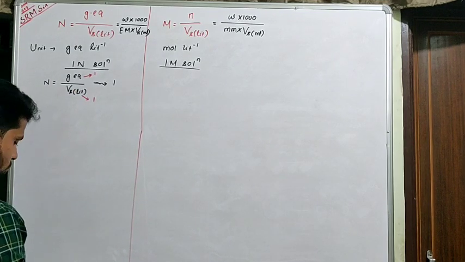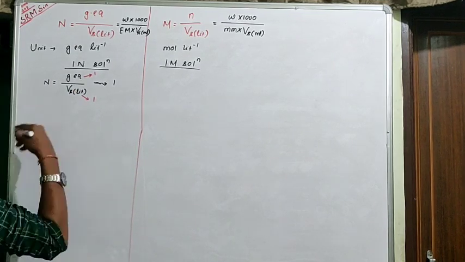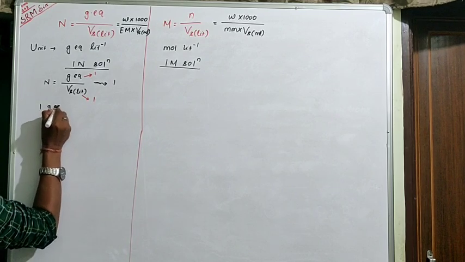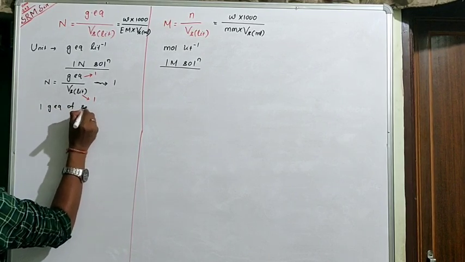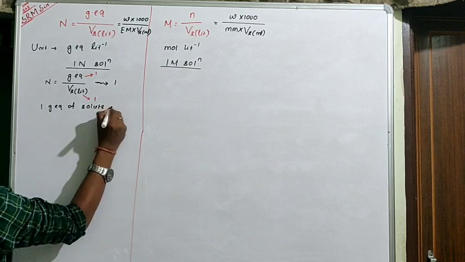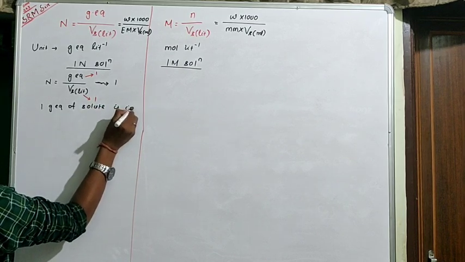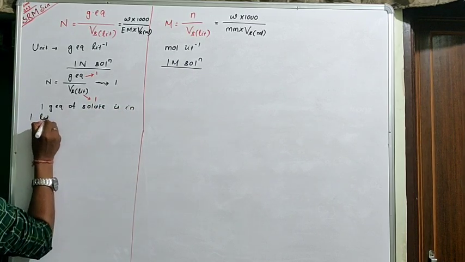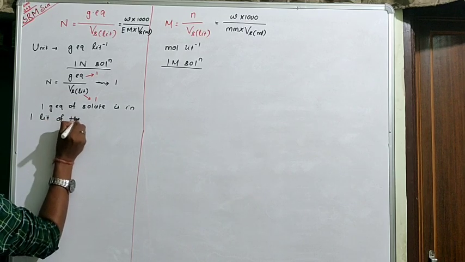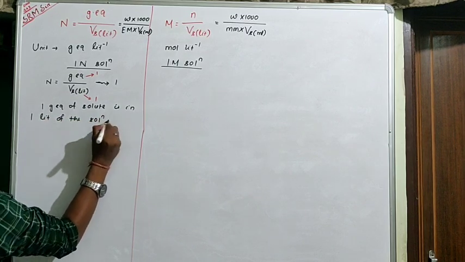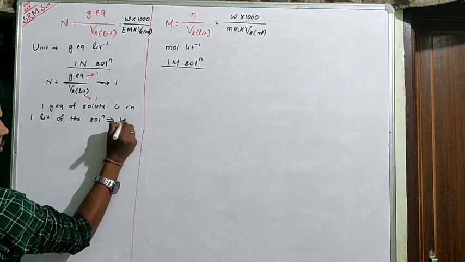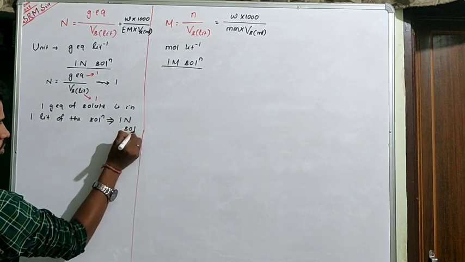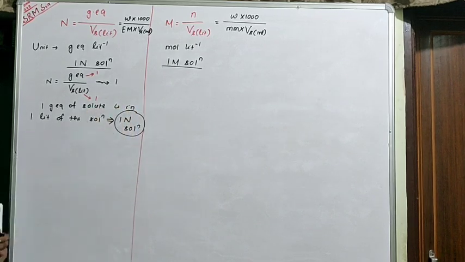That means when 1 gram equivalent of solute is dissolved in 1 liter of the solution, or prepared 1 liter of the solution, that solution is 1N solution, one normal solution.